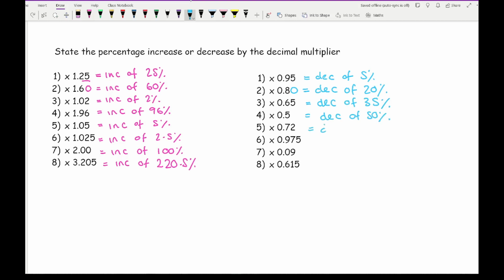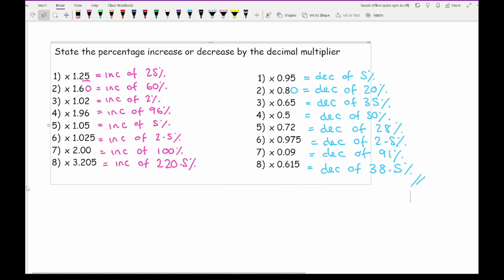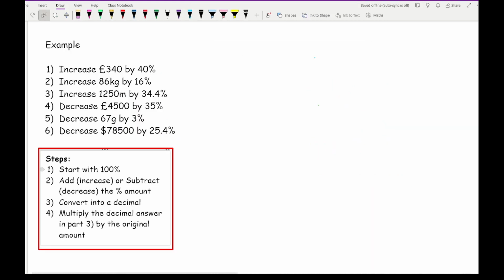This is going to be a decrease of 28%. This will be a decrease of 2.5%. Times 0.909, that will be a decrease of 91%. And multiplying by 0.615 will be a decrease of 38.5%.